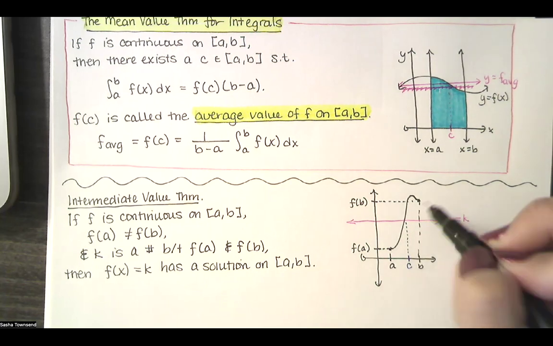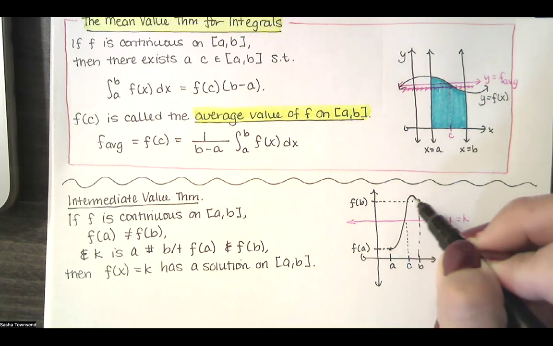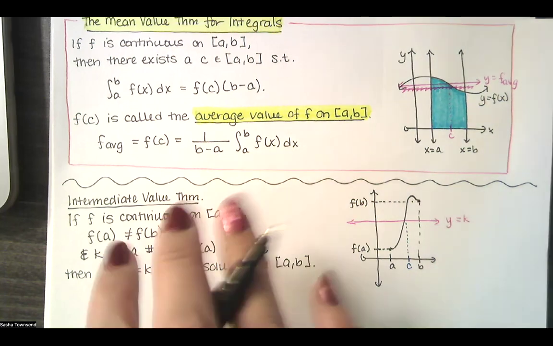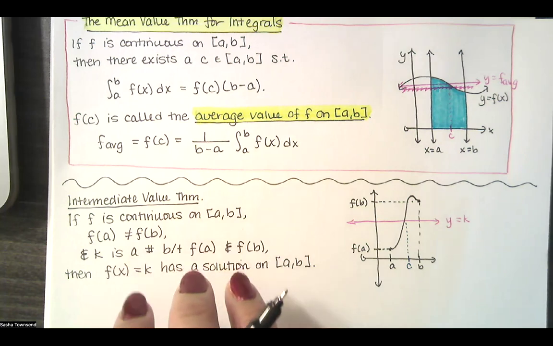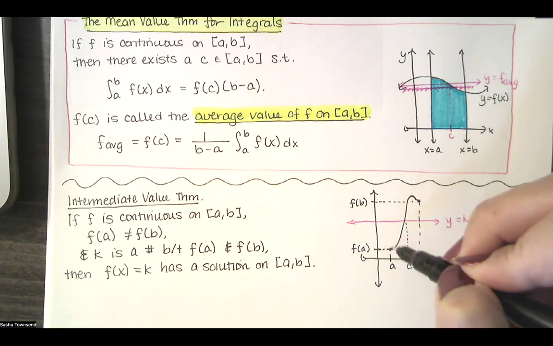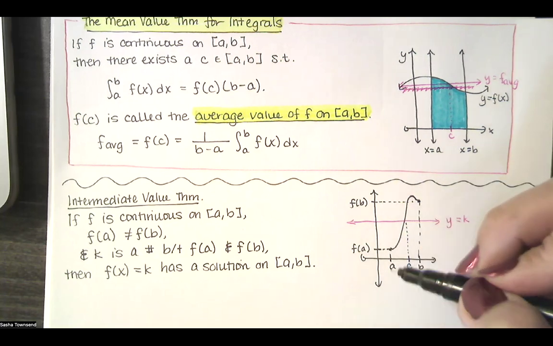And you might be saying, well, I also get some extra y values, right? For this particular curve, the function also takes on y values that are larger than f of b. What about those? Well, this theorem doesn't say anything about those. This theorem just says that we're guaranteed to have every single y value between this y value and this y value because the function is continuous.